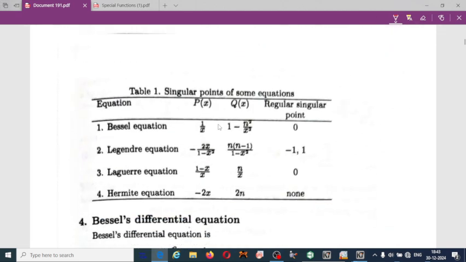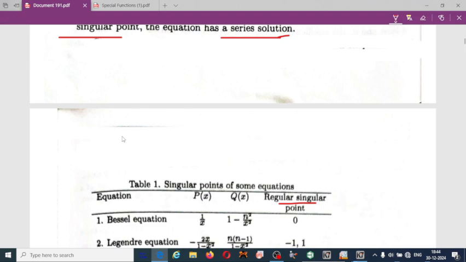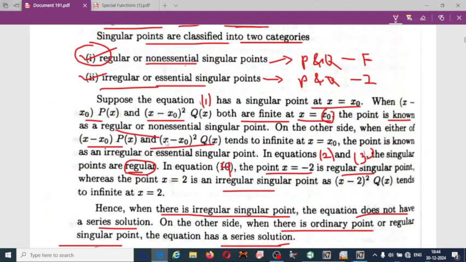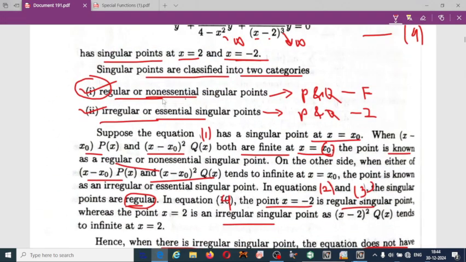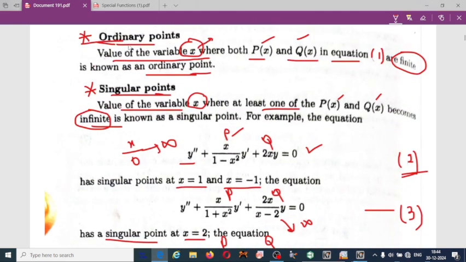So from the given examples, singular points of some special equations are discussed in this table 1. These singular points are obviously regular ones. If you observe carefully, the definition for a regular or non-essential singular point is quite similar to the definition of an ordinary point.